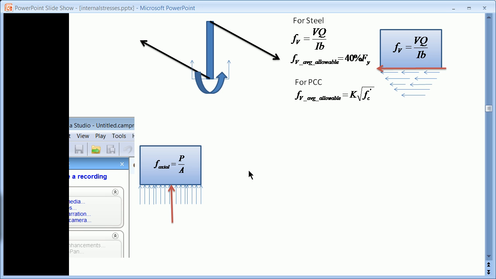So that's a key thing to realize: when you're doing concrete for PCC, you're not multiplying your factor by the compressive strength, it's by the square root of the compressive strength. Of course, axial or shear stress times area is force, and you have that equilibrium developed there.